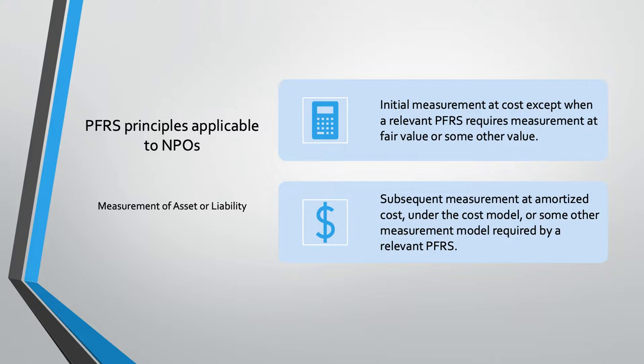So again, it's important for you to know the recognition criteria and then the measurement of asset or liability. Okay, so someone said the recognition of asset or liability, yes.